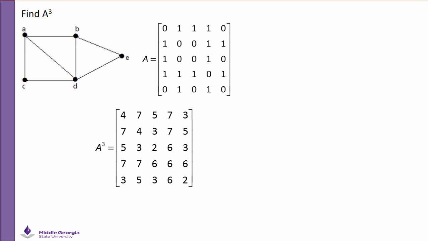From A to A of length 3. Well, it could be A to C to D to A, that's length 3. Or it could be A to D to C to A, that's 2. A to B to D to A is 3. And A to D to B and back to A is 4.